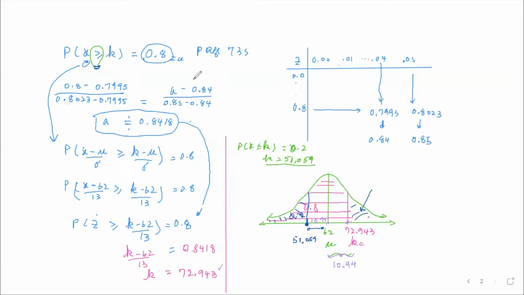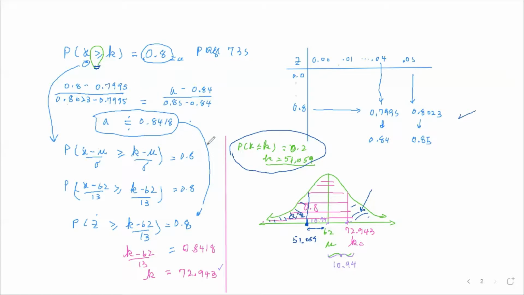So if we do the less than from the beginning, in this case we will get the answer right away, because when we read the value from the table, we always read from the left-hand side, the less than. So this one is much easier than the greater than.